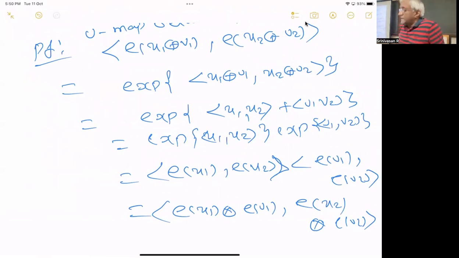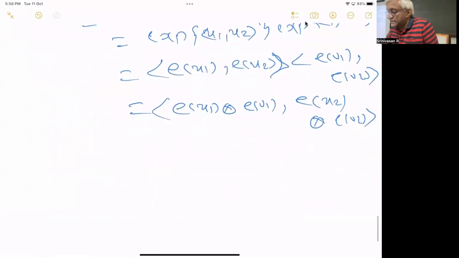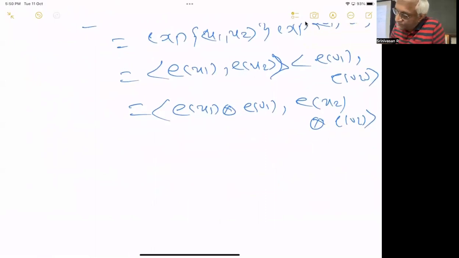Okay. The final thing is we want to define a very important class of operators on this. In quantum mechanics, you convert some observables to operators, which is what quantization is.